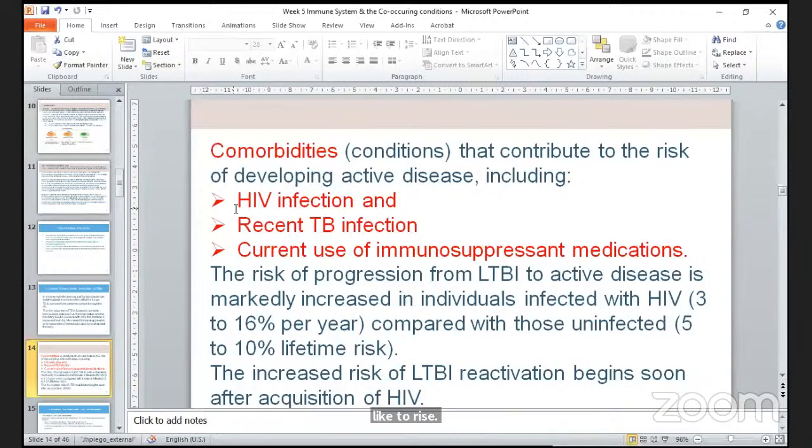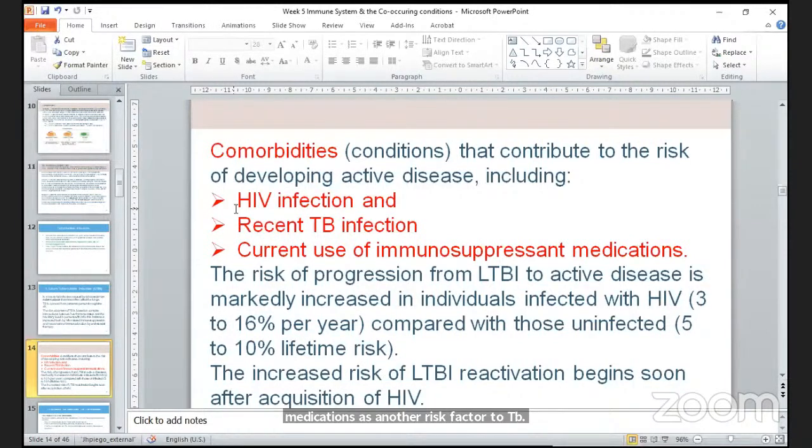Number two is recent TB infection. If somebody had TB in the past, then they are likely to have latent TB. There could be TB in dormant form still, so we say recent TB infection. Then we have current use of immunosuppressant medications as another risk factor for TB infection.